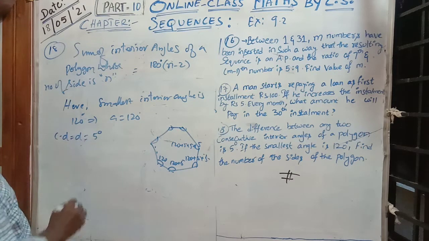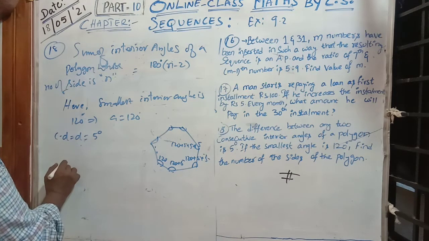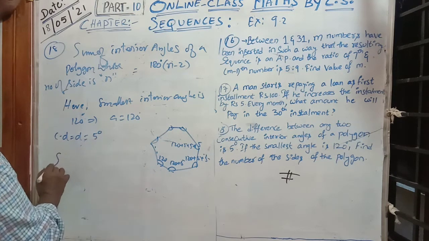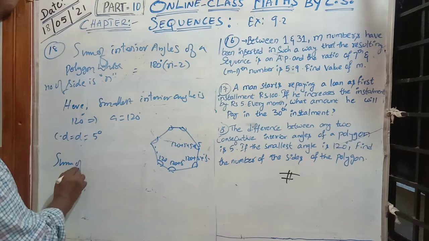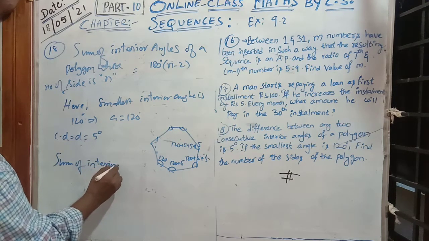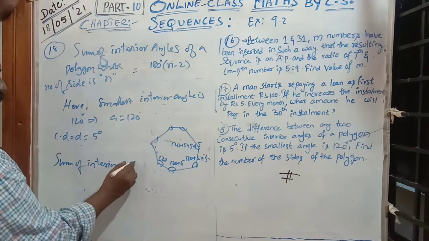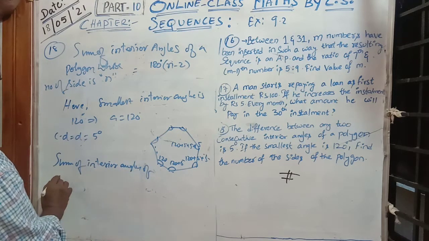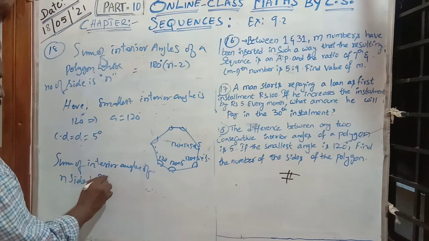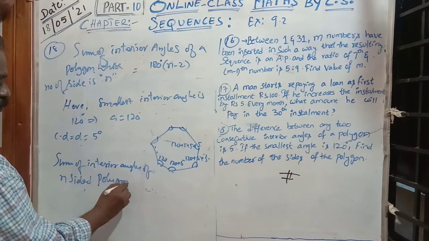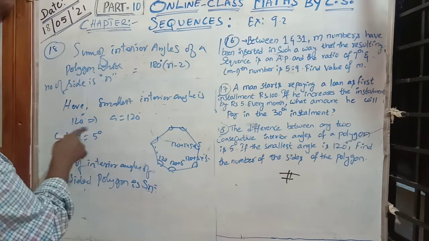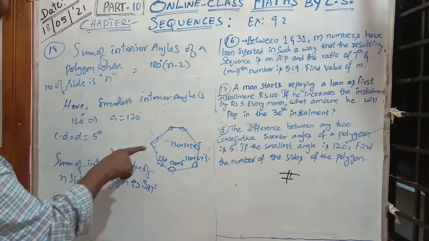Is it clear? So, here you see, sum of interior angles of an n-sided polygon is Sn. We are using this formula.